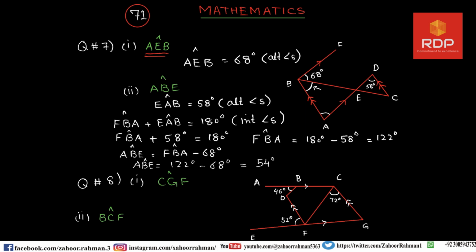The most important piece of information they have given us is that AC and EG lines are parallel, and FD and GC lines are also parallel lines.